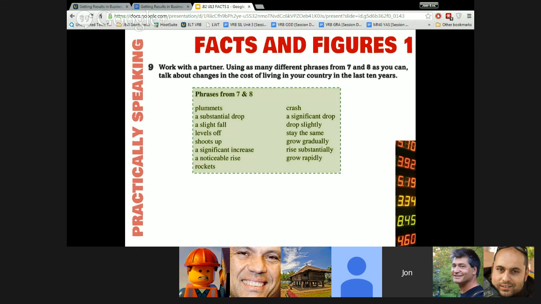Level off, okay. There you go. So, how would you describe the rise? Do you mean is it slightly or substantially? Yeah, that's what I want to know. Slightly, substantially, gradually. What would you say?